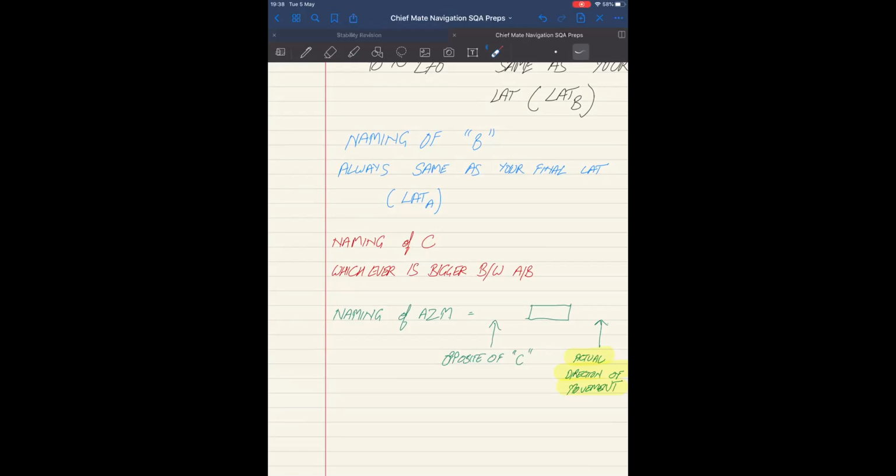Okay, now another important point with respect to great circle is the vertex.